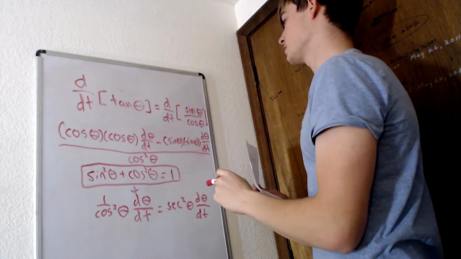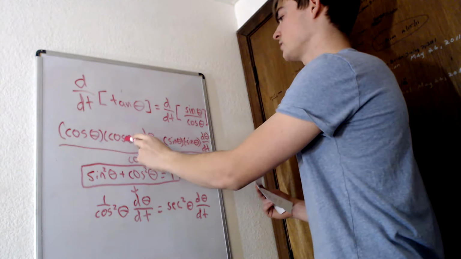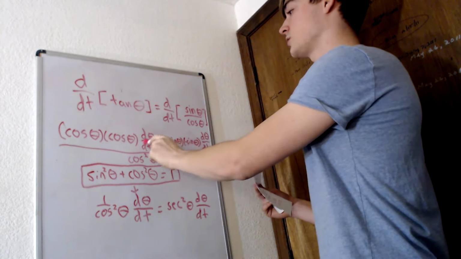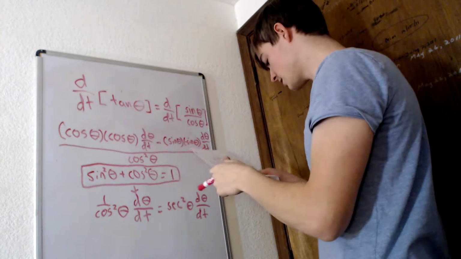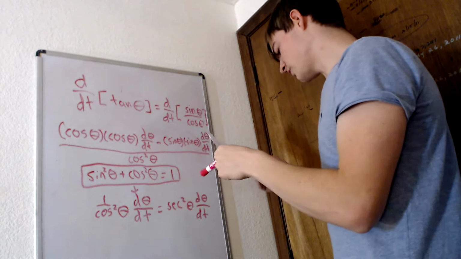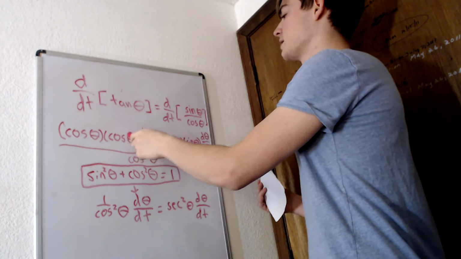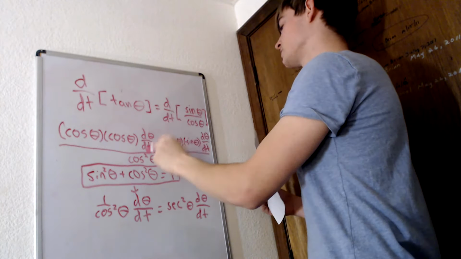So we take cosine times the derivative of sine with respect to time. And because we're taking the derivative of an angle with respect to time, we're going to multiply cosine times d theta over dt.